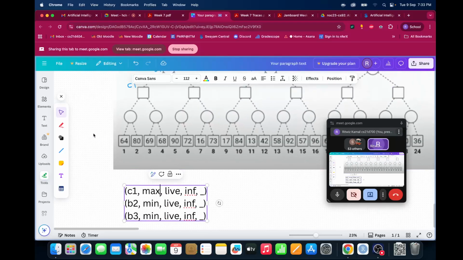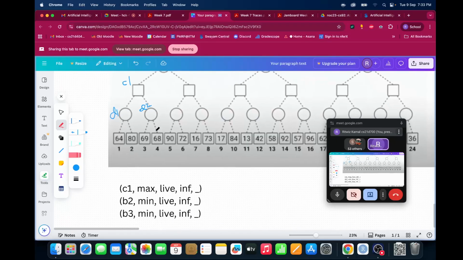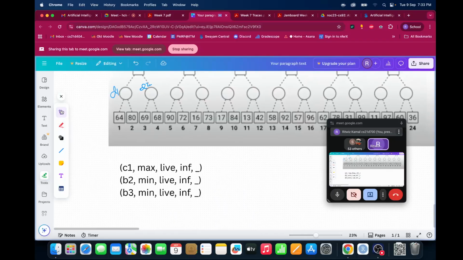Okay, now C1 is a max node and all its children, which are D1 and D2, will be added to the priority queue.